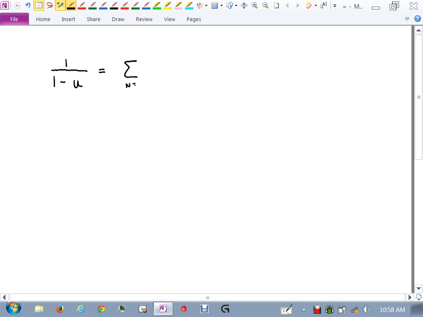The sum from n equals 0 to infinity of u to the n, as long as the absolute value of u was less than 1, correct? So as long as the absolute value of this thing in here is less than 1, then we can always rewrite this expression in this format.